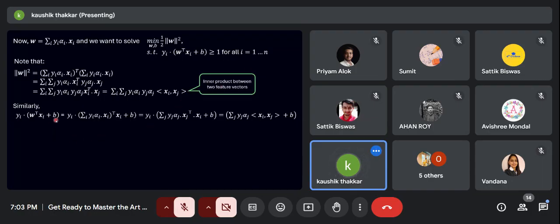If you simplify this a bit, put w as the linear combination of xj as we have discussed, and multiply them, again you get xj transpose xi, which is nothing but the inner product of xj and xi, summed over j. So this is very interesting: in the entire optimization problem, wherever you have the training samples, they only appear in the form of inner products, right?